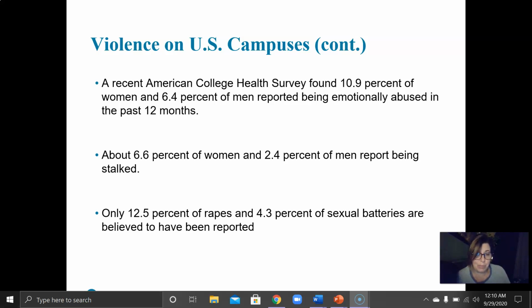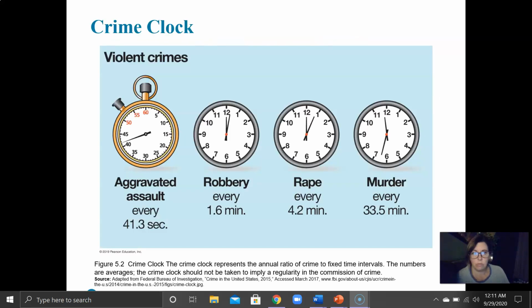Why aren't these being reported? Well, some of the reasons include concerns over privacy, fear of retaliation, embarrassment, a lack of support or perception that the crime was too minor, or they were somehow at fault, or an uncertainty that it was even a crime at all.